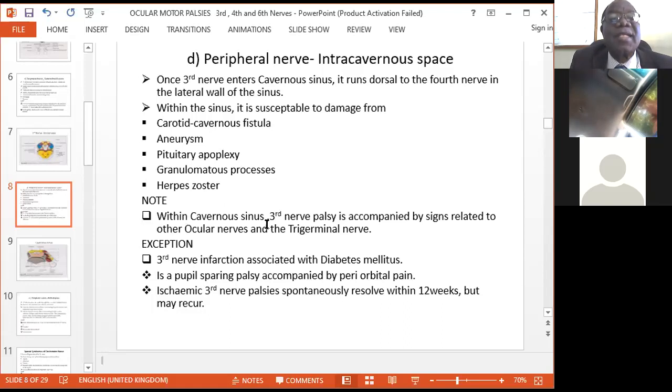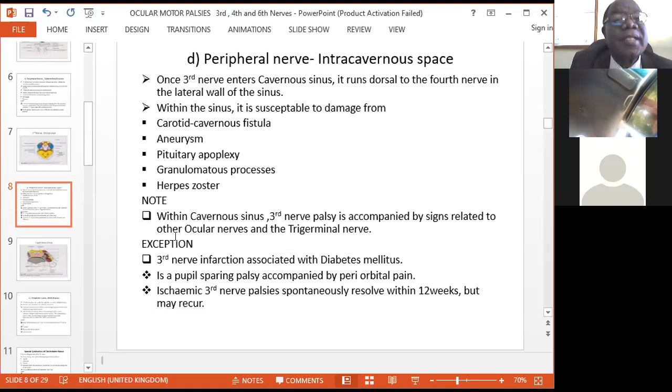Within the cavernous sinus, the third nerve palsy is accompanied by signs related to the other ocular nerves. This is the meaning. Because within that cavernous sinus, it's not just the third nerve, there are other nerves also involved in the wall of the cavernous sinus. These are the other ocular nerves, and the trigeminal nerve is involved.